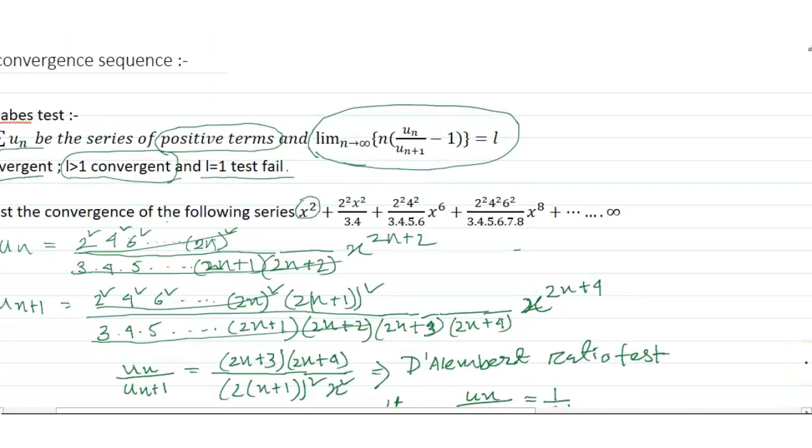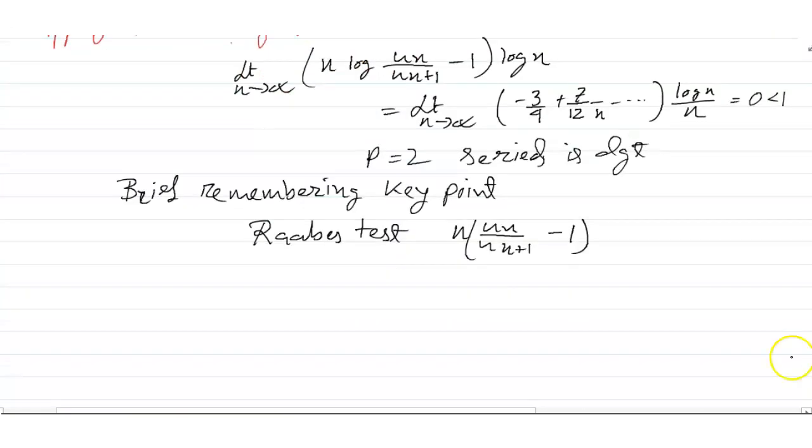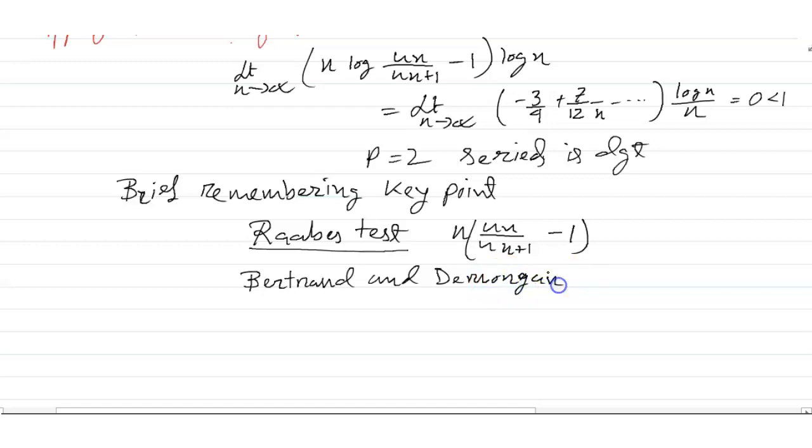No problem, this is Raabe's test. And second is Bertrand and De Morgan. The Bertrand-De Morgan test is simple Raabe's test.